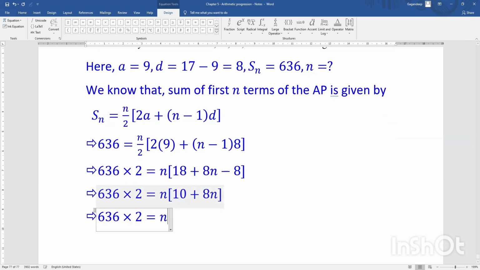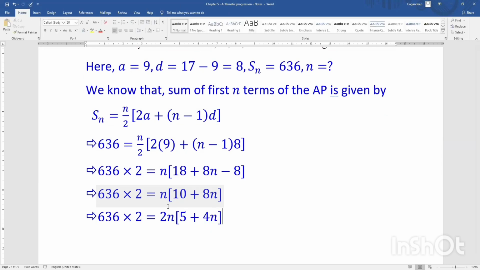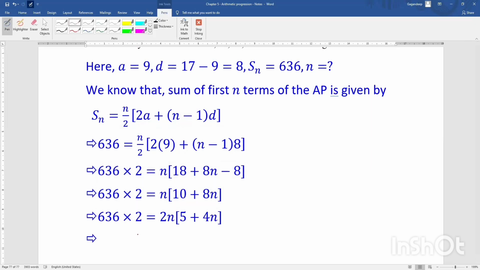So already n is there, just take out 2 as common here. Inside the bracket, you can write it as 5 plus 4n, bracket close. Now 2 and 2 get cancelled.